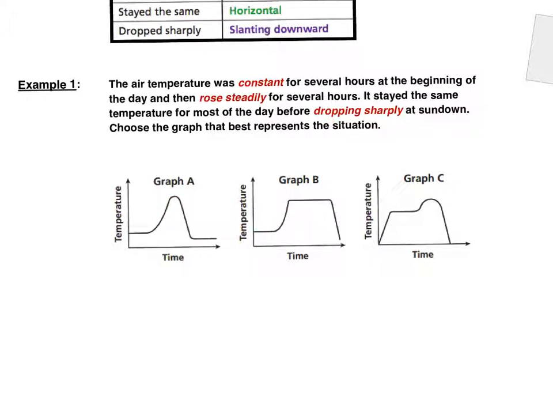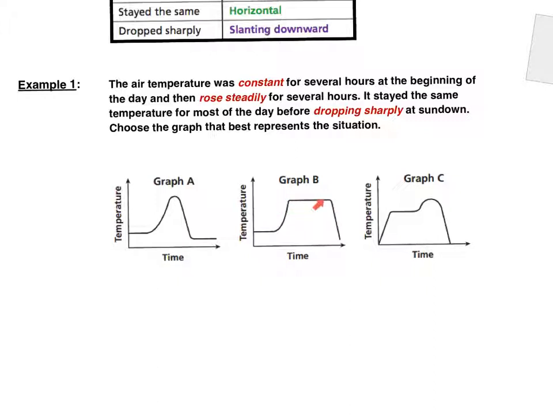And then it says that it stayed the same for most of the day before dropping sharply. So if we were to look at this situation, it looks like it's staying constant, it's rising steadily, and then slowly dropping. Here, it's staying the same, rising steadily, and then it stayed the same for most of the day.